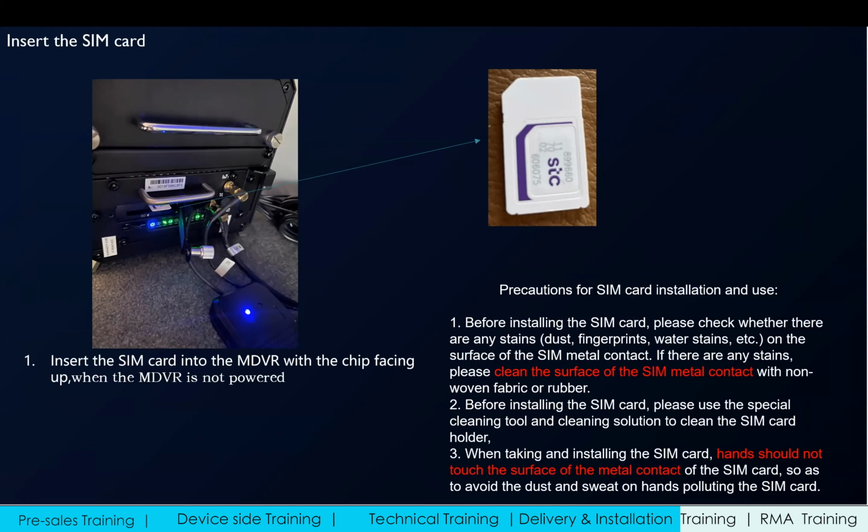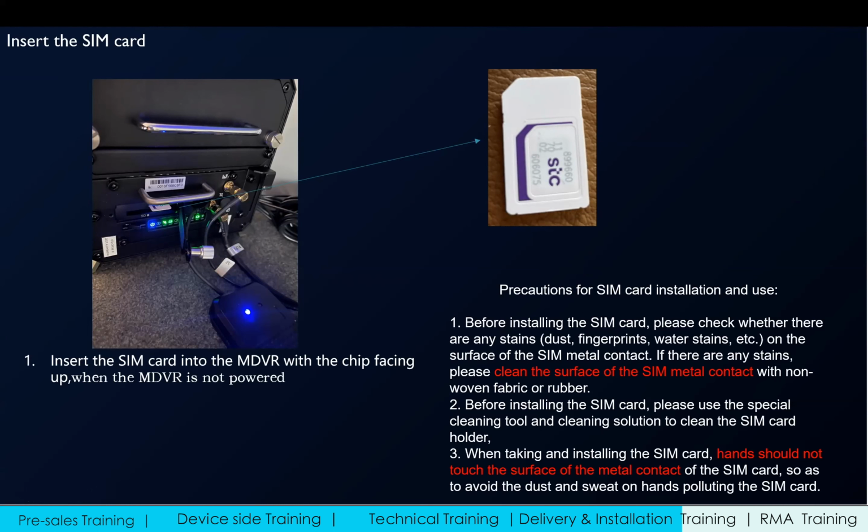And for the SIM card insert: without a SIM card, our MDVR cannot connect to the platform by the 4G module communication, so you need to insert the SIM card. Open the front channel, find the SIM card insert location, and insert it.